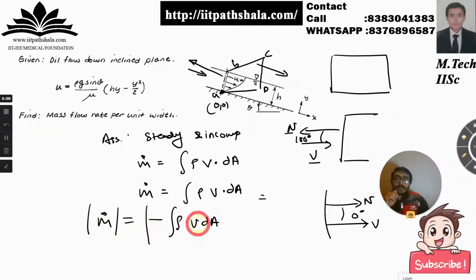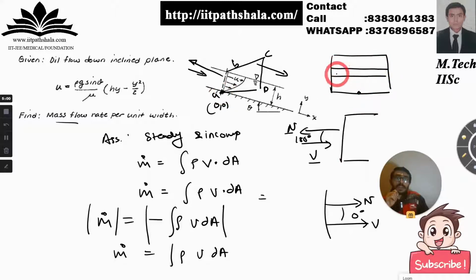So I'm taking a modulus because I need to find that scalar quantity, mass flow rate per unit width, so that will be rho v dA. Now again we are going to do the same drill: from the origin itself, from this 0, 0, I'm considering a very small area strip of length dy at y distance upward from my origin itself.